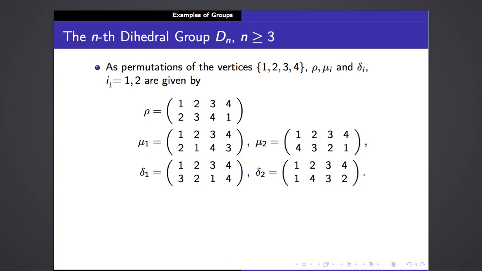And likewise, we can write down each of these rotations as permutations of the vertices 1, 2, 3, 4. So here are the permutation representations of each of the rotations: rho, mu1, mu2, delta 1, delta 2.